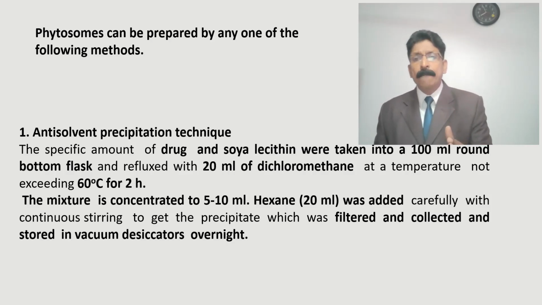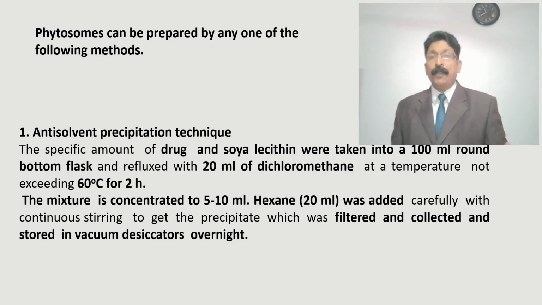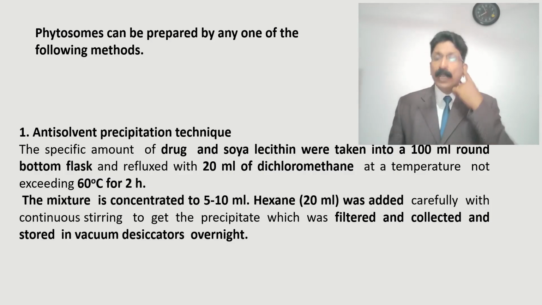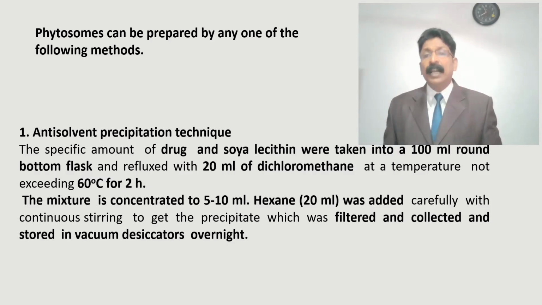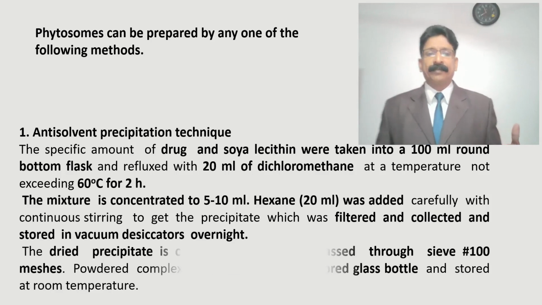Hexane 20 ml is now added carefully with continuous stirring. You will get a precipitate when you add hexane, a very light non-polar solvent, which is filtered, collected and stored in a vacuum desiccator overnight. So you got the precipitate.